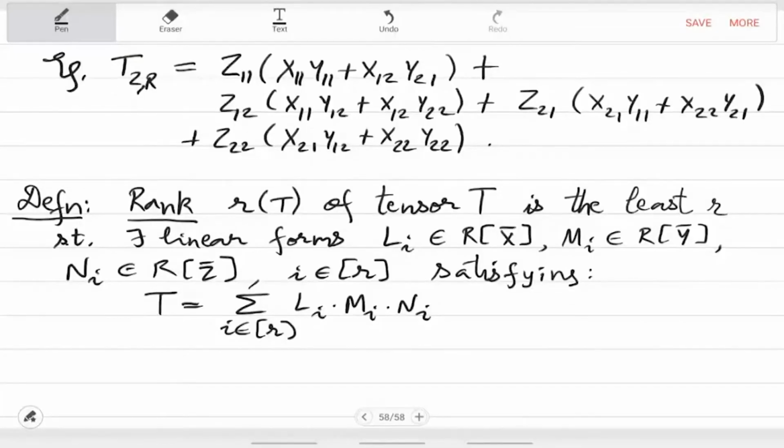So this is the general concept of tensors, tensor decomposition and rank. This is a simple, or rank 1, tensor.